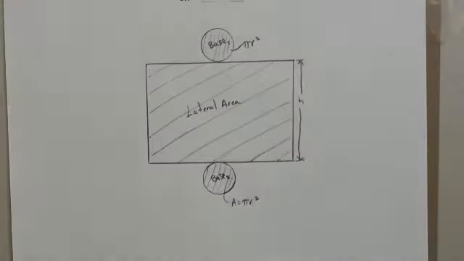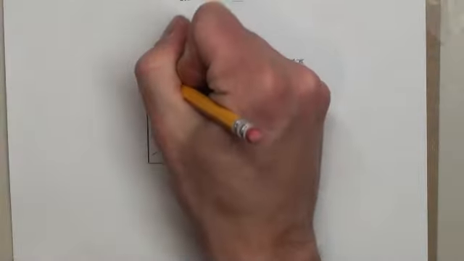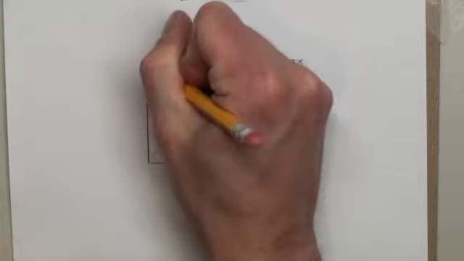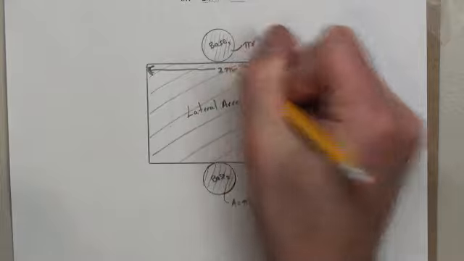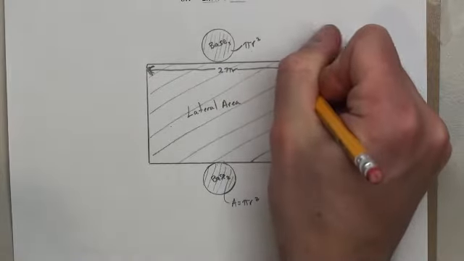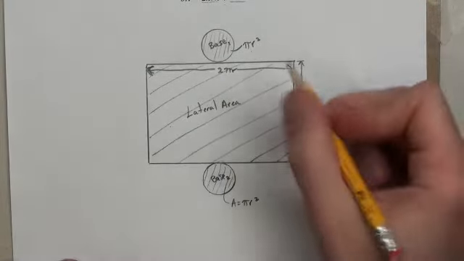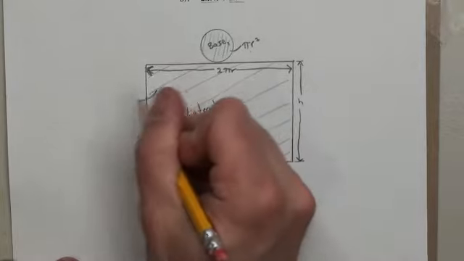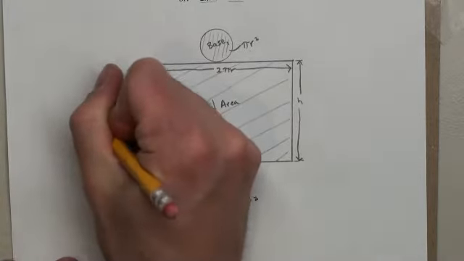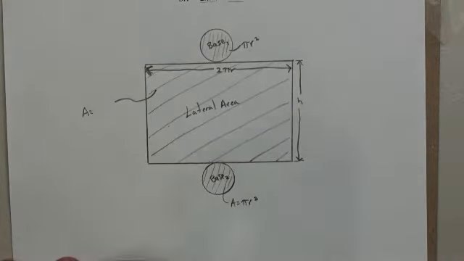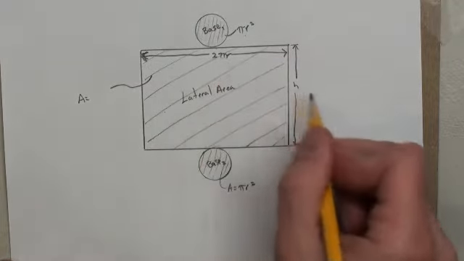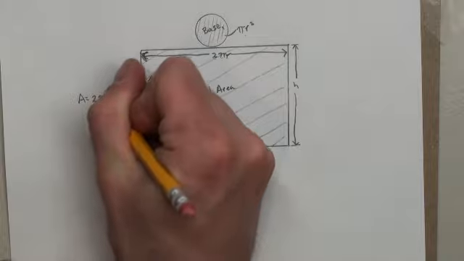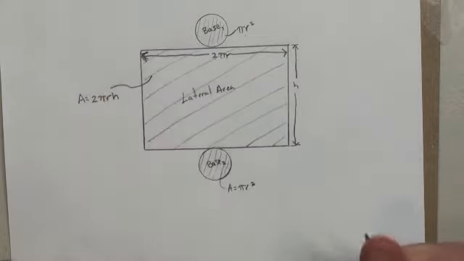So the length of my rectangle, from there, 2 pi r to here. So that means that my lateral area is 2 pi rh. Okay?